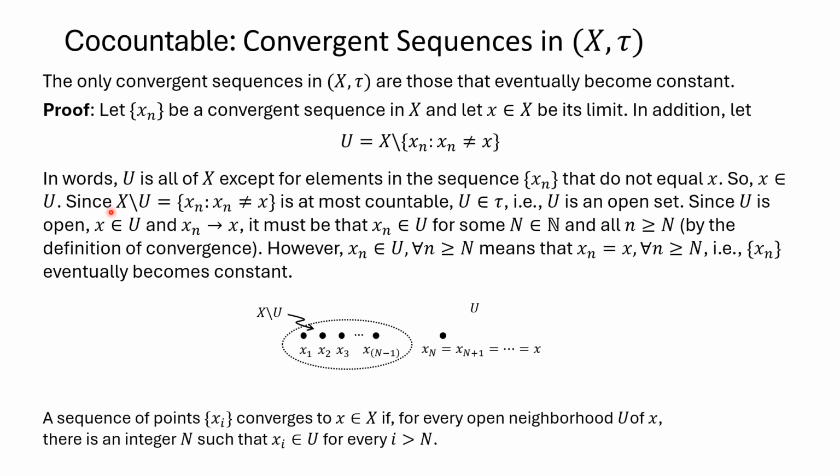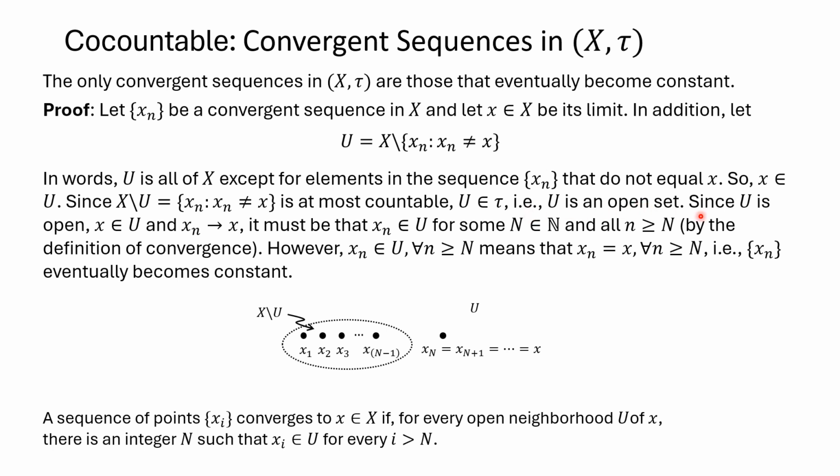Okay, so since the complement of U is countable, U is in our co-countable topology. That was just the definition of co-countable, which means that U is an open set. Anything in our topology is by definition an open set.